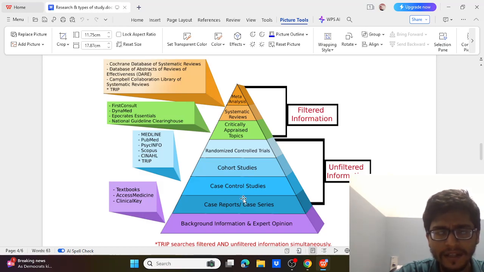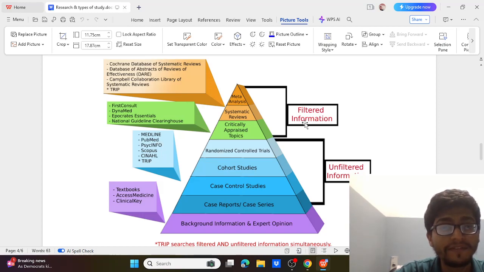Then we have some unfiltered information. So what are these? These are case reports and case series, case control studies, cohort studies, and randomized control trial. And what do these include? These will include data from Medline, PubMed, and similar internet resources.